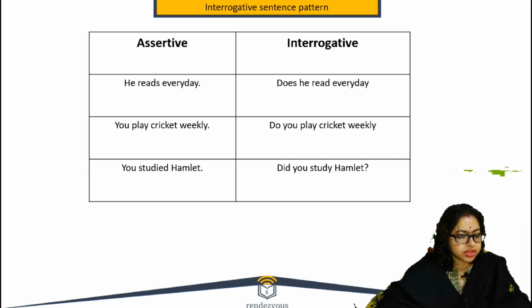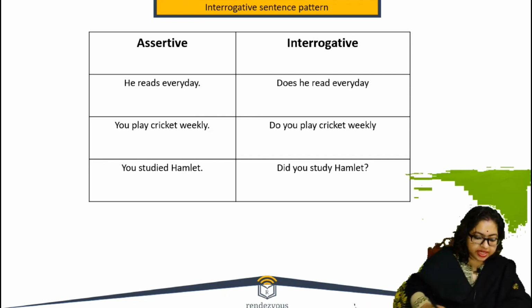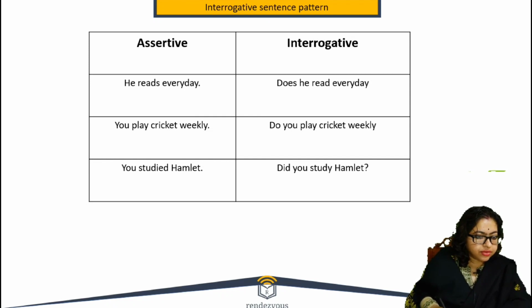Suppose, for example number 1, we have he reads every day. How to make this assertive sentence into an interrogative one?